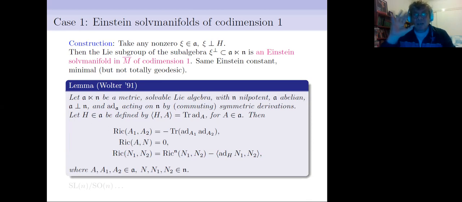So if you have any homogeneous Einstein space with negative Einstein constant, then it is isometric to a semi-direct product of a and n with correctly defined metric, with a abelian and n nilpotent and so on and so forth. Right. So, for example, there is no Einstein metric on, say, SL3.